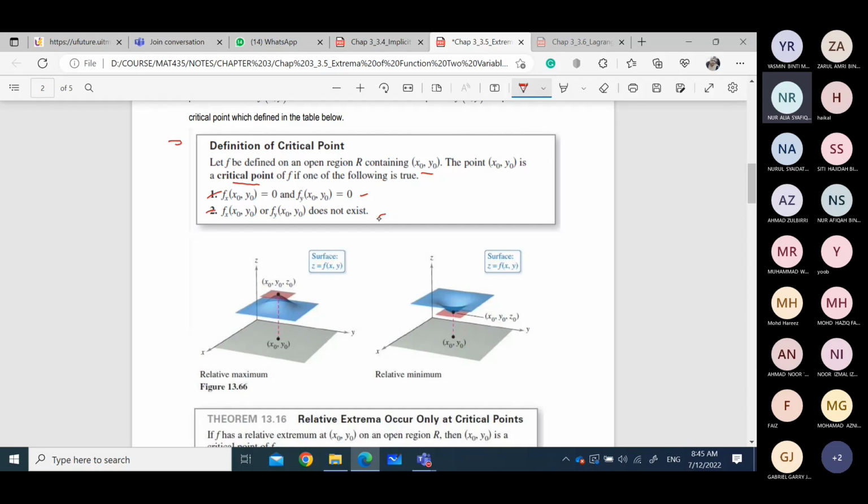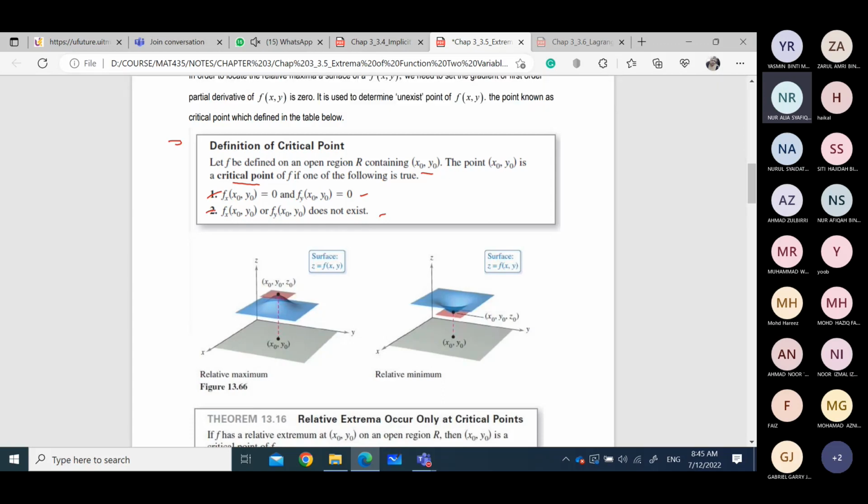The critical point is needed to find relative maximum and minimum. That's why we need to find the critical point first, then we can determine the relative minimum and maximum.